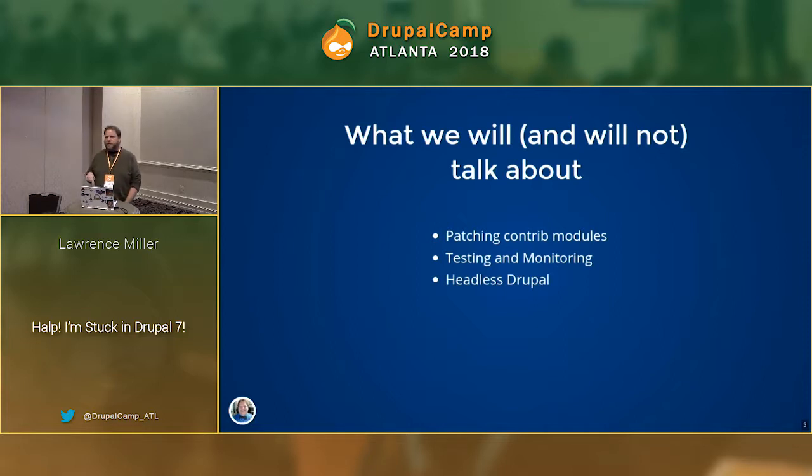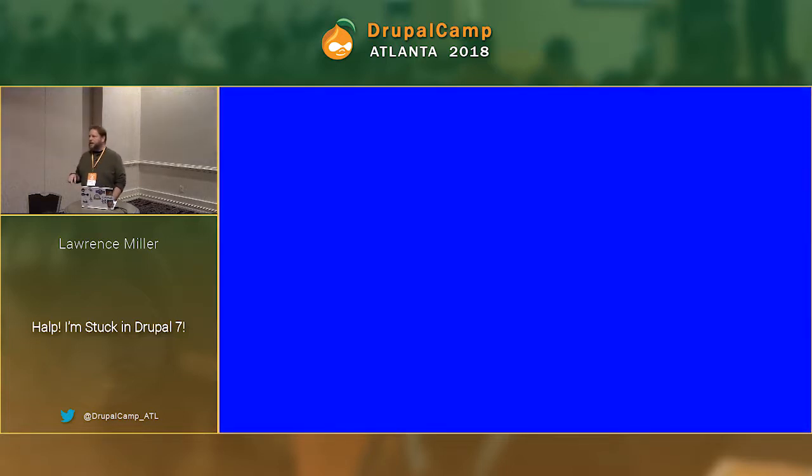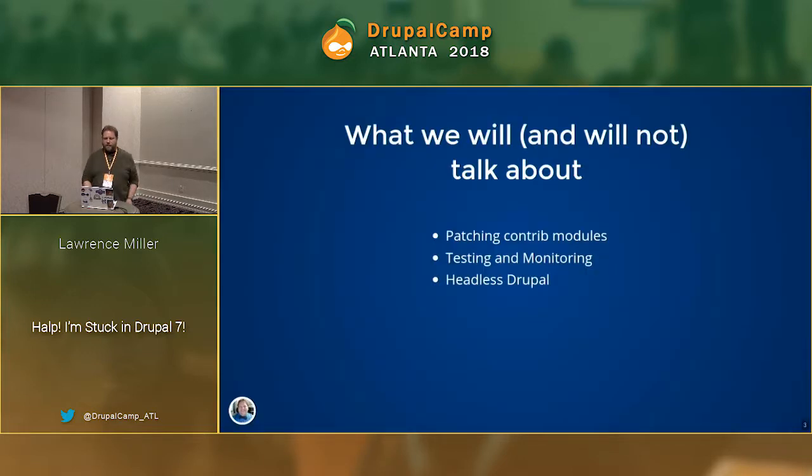I think there were at least a couple of headless sessions, and I assume the videos will be posted shortly. The difference is that we'll be looking at the Drupal 7 options for that, whereas Drupal 8, that's already basically right out of the box.